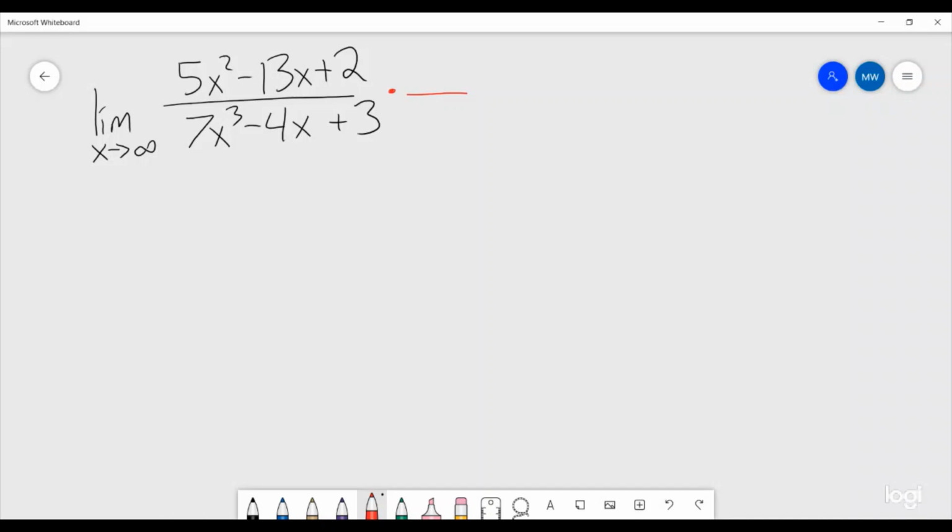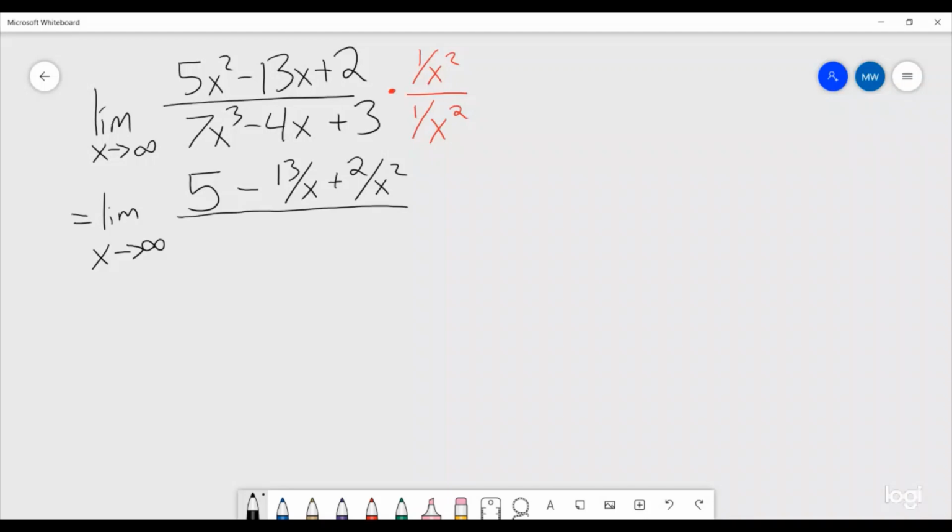If we were to multiply the top and the bottom by 1 over x squared, what we are going to get is the limit as x goes to infinity of 5 minus 13 over x plus 2 over x squared, all over 7x minus 4 over x plus 3 over x squared. And now we can look at this as x is going to infinity. So this top is going to 5, and this bottom is going to infinity. So 5 over infinity is going to go to 0.